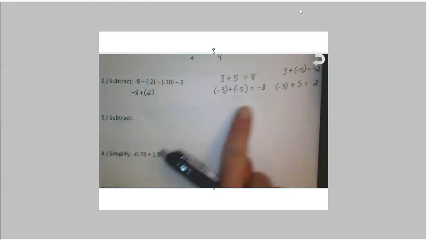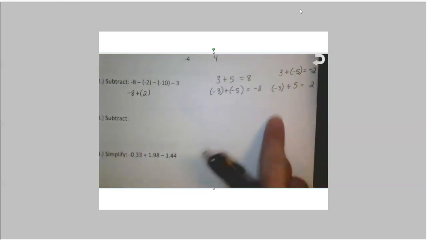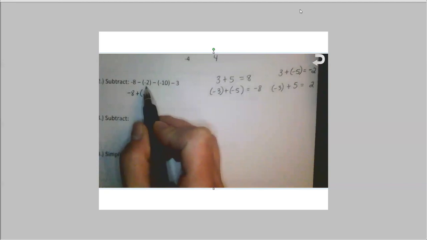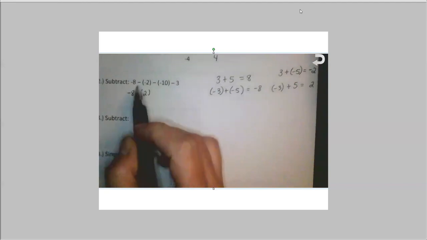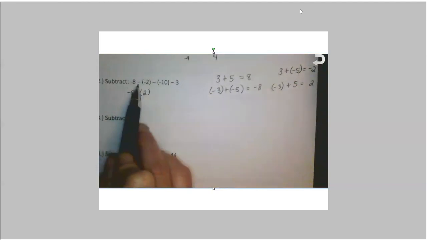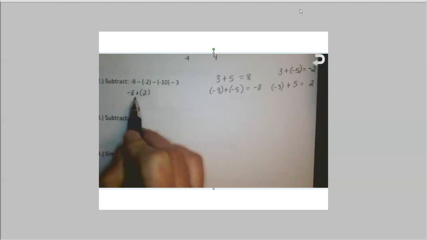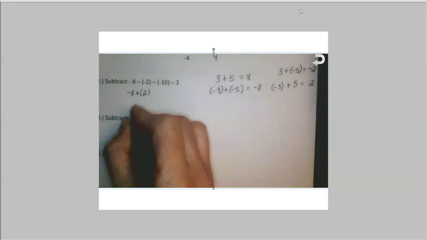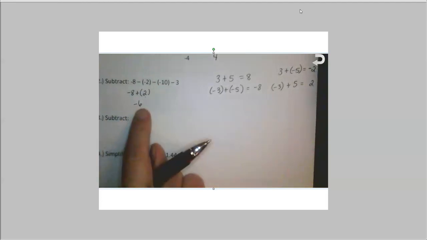So that I can just follow the rules that I just discussed over here. So leave, change, opposite. It's not the same as leave, change, flip. That's what we do when we divide with fractions. But when we're subtracting integers, we will leave, change, opposite. So add the inverse. So different signs, subtract, take the sign of the higher number, then it will be exact.